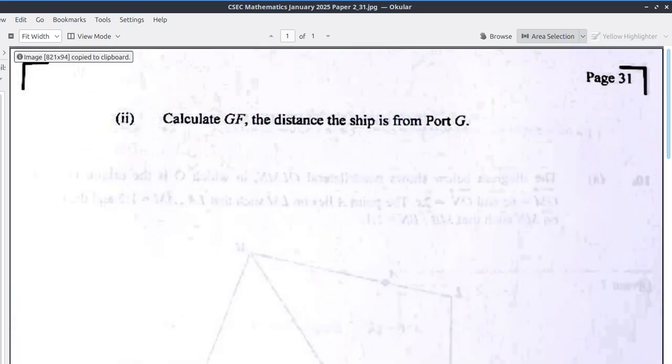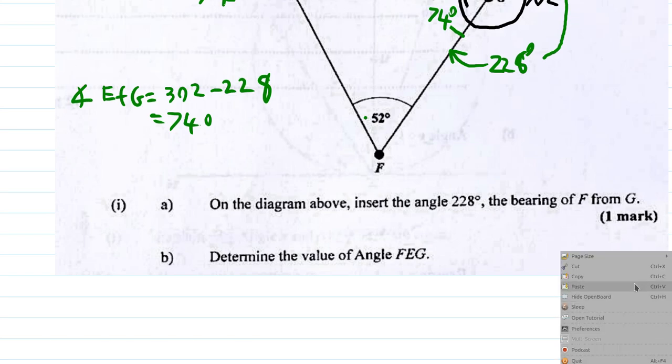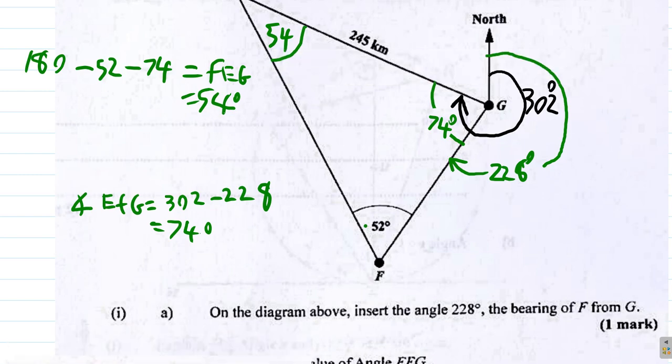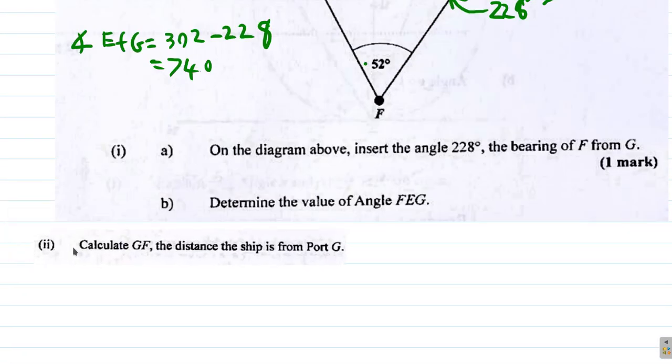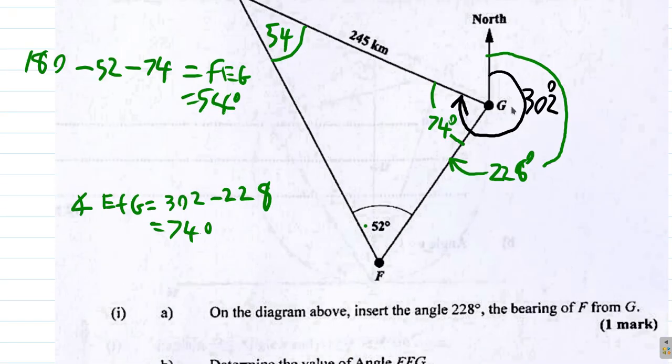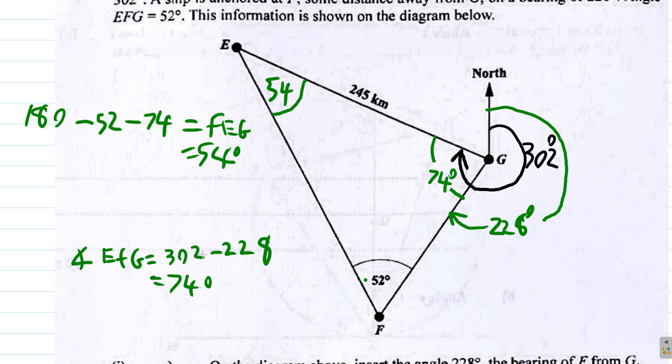Let's copy this and paste it over here. Let's drag it down. So calculate GF. Okay, so they want this distance then.